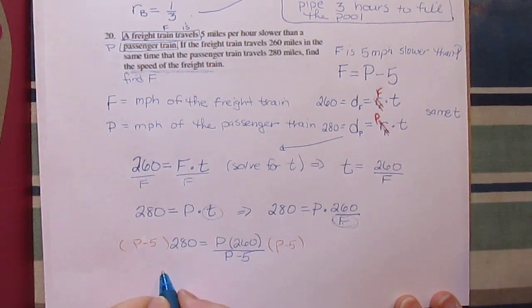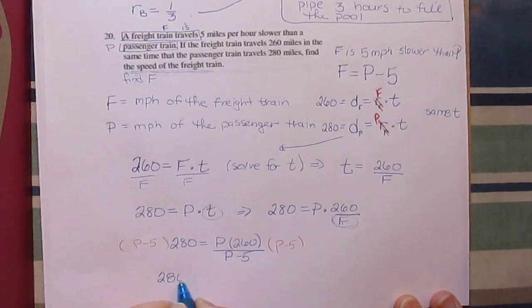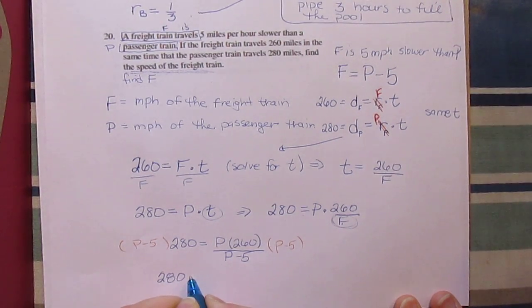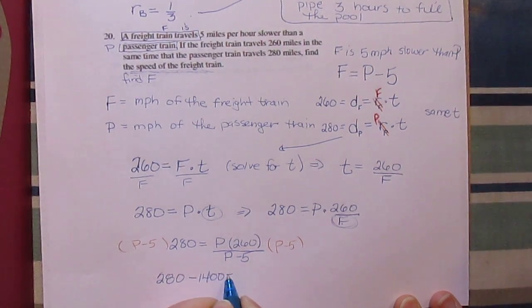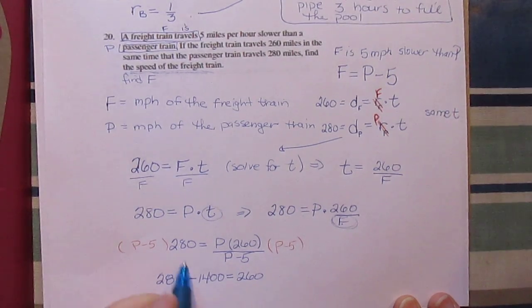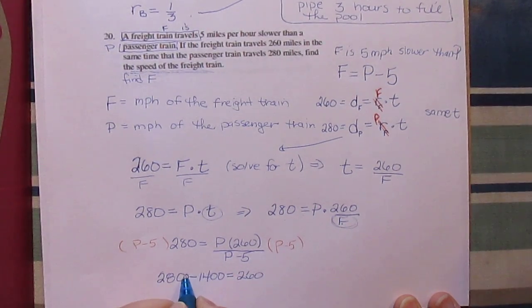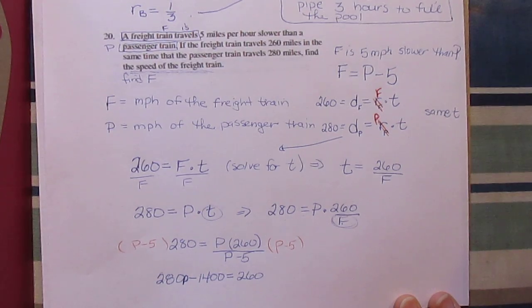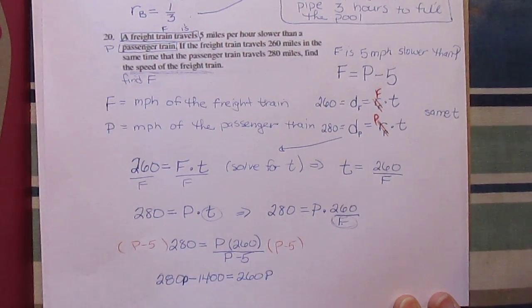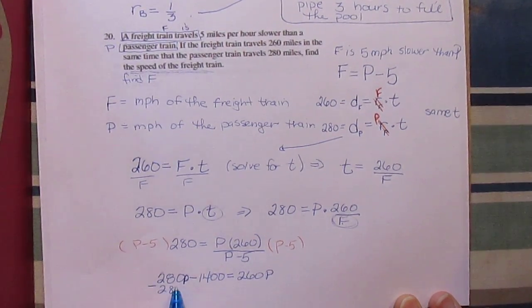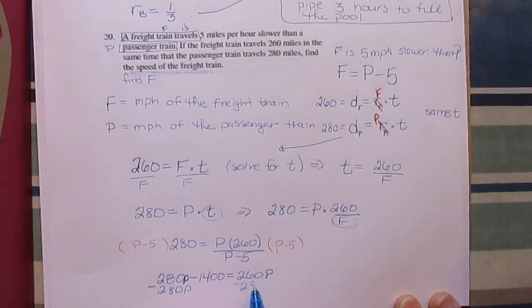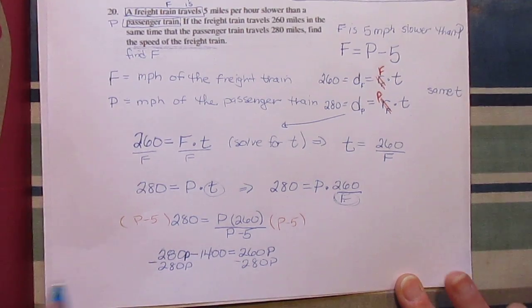The left-hand side becomes 280 P minus 1400 equals 260p. I knew I was missing something. 260p minus 280p minus 280p. You can see what I'm doing.